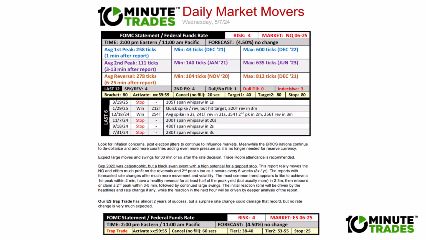That's how we determine what our setups are going to be. We analyze the behavior of the event. So the events that we choose to trade are the events that give us the most consistent behavior each time the event is released, the news.